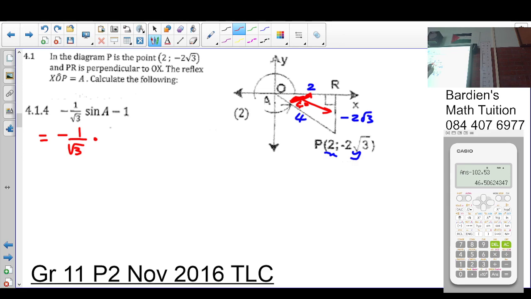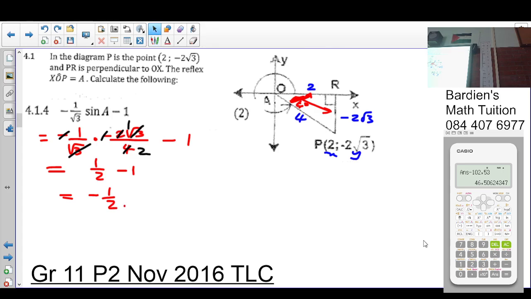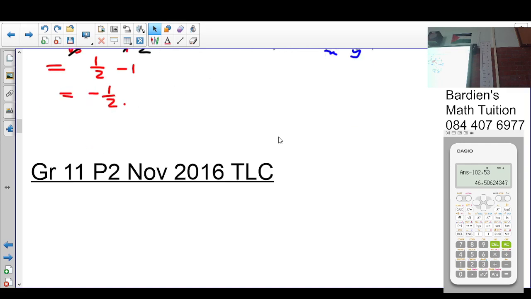Sine of A, sine is opposite: negative 2 root 3 over hypotenuse minus 1. So of course the root 3 cancels the root 3. Negative times negative is positive. 2 going to 1, 2 going to 4 twice. So it's 1 over 2 minus 1, which is negative of 3. Is that correct? Right.